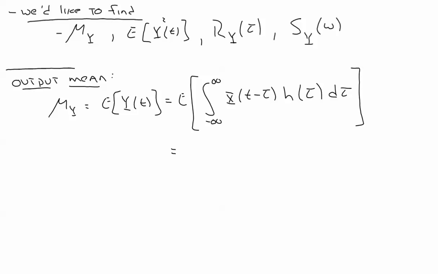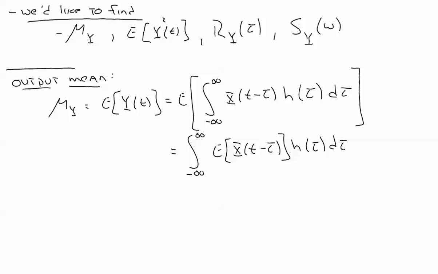And so this gives me integral from minus infinity to infinity, expected value of x of t minus tau, h of tau d tau. But now I'm going to remember that I'm considering only at least wide sense stationary random processes.